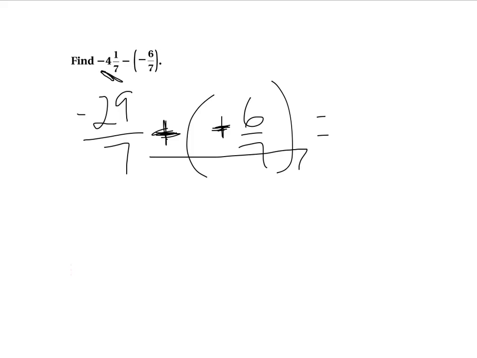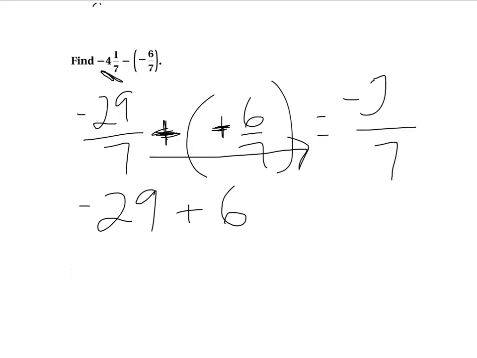The 7s come straight across, the common denominator, and now, back to my integers like I talked about in the last slide, negative 29 plus 6. You should still know how to do this. I take the negative 29, add the 6 to that, and that gets me back to a negative 23. I have to turn that into a mixed number.